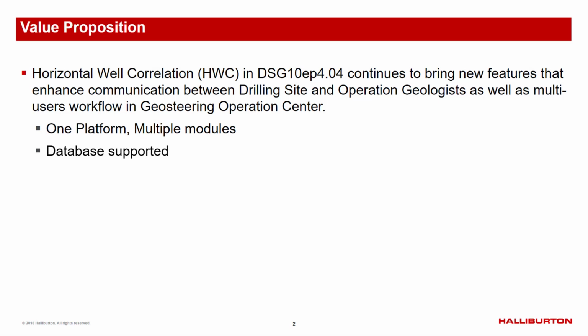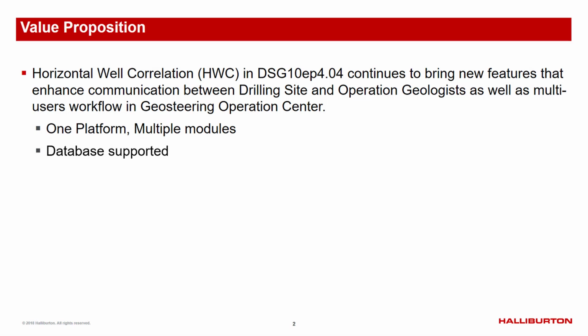Unlike any other geosteering software on the market right now, DecisionSpace is the only one with a database included and supported. So users don't have to worry about where to save their data. When they do interpretation, they can save it, and other users can see it too.